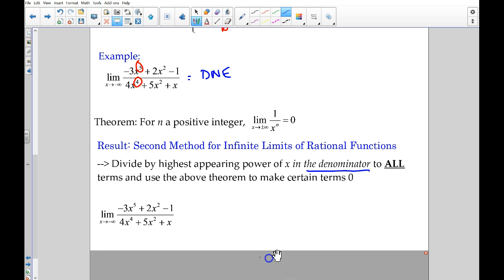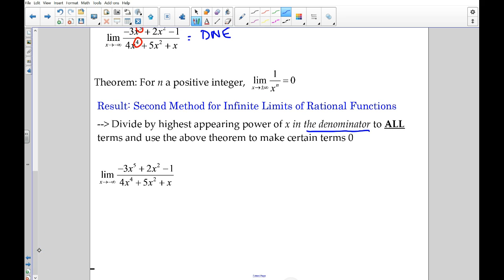So if we follow that process through, I can do a little bit of algebra here. If we're not super confident in the 5th and 4th power, there's a second way. We can write this as the limit as x approaches minus infinity.